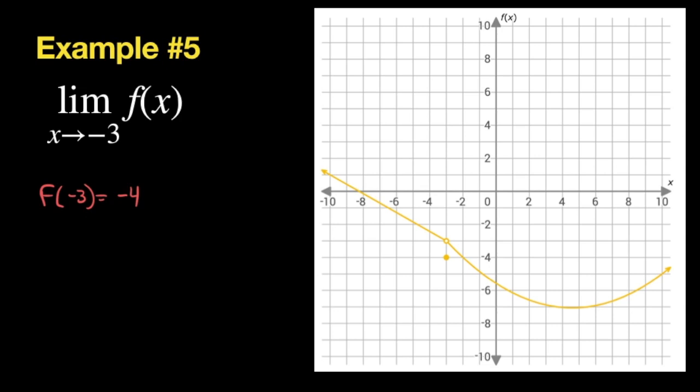But if you look at it from the left side, as you're approaching -3, the y value is going to be -3. And from the right side, as you're approaching -3, once again, it's going to be -3. So in this case, this is perfect. We have a limit that does exist, and it's approaching the same specific value, and that's going to be -3.